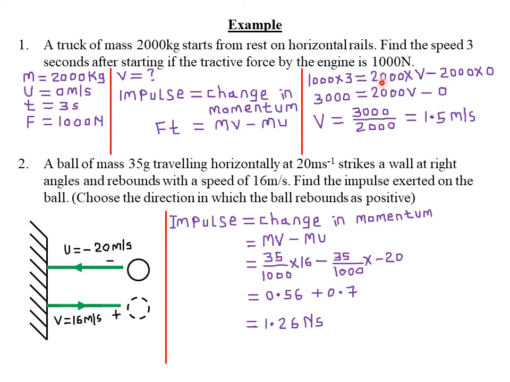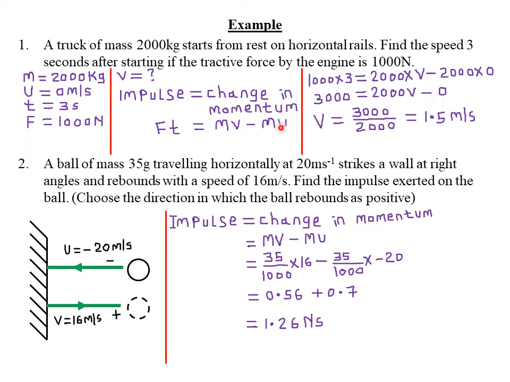So we shall have the mass of the body, 2000 kilograms, multiplied by the final velocity v. Then we subtract the initial momentum, which is the mass of the body multiplied by the initial velocity. Because we are told that the truck of mass 2000 kilograms starts from rest, the initial velocity was 0 meters per second.